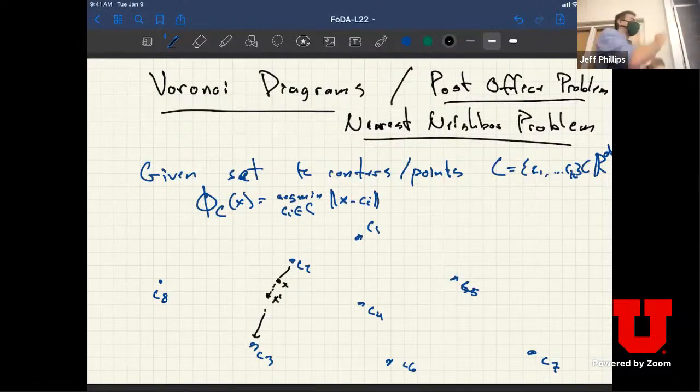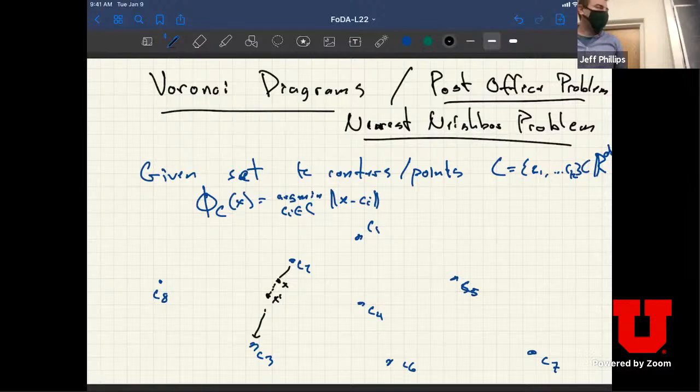You want to find your closest post office if you're a query. This nearest neighbor search is something the data mining class talks a lot about: given a set of objects and a query object, I want to find the most similar object in my database. This is just a Euclidean version of it, but a lot of the methods map to Euclidean versions. This is a well-studied problem, but they typically do it approximately. We want to do this exactly.